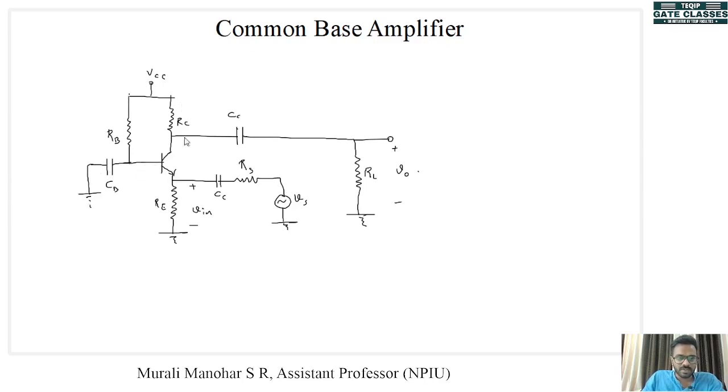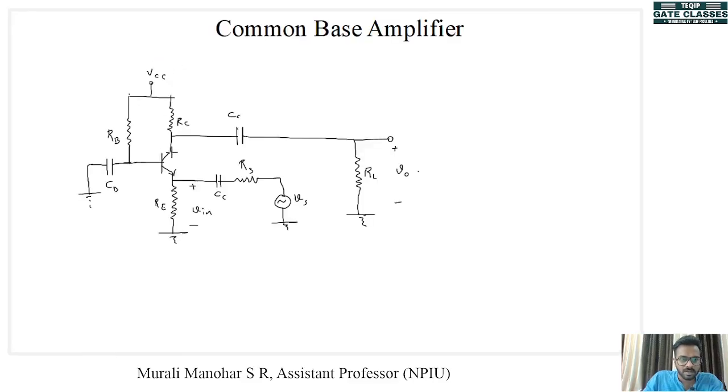So now we can draw the AC equivalent diagram. That will look like this. Transistor, base is now connected to ground. Then at the collector, this RC is now connected to the ground, and this capacitor is short circuited.